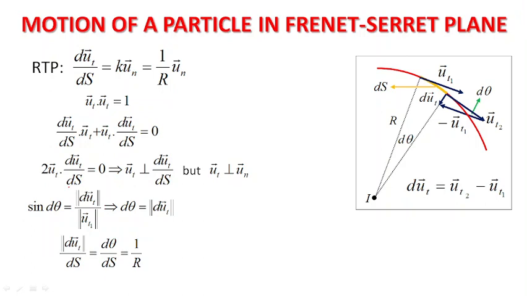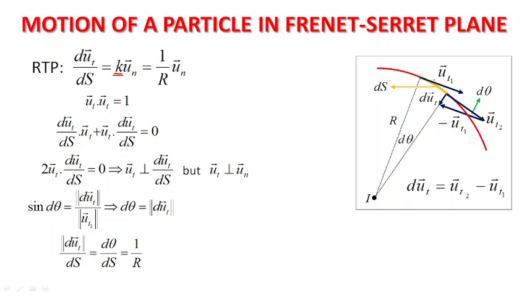Therefore, ut and dut by ds are perpendicular. We know that ut and un, the tangential and normal unit vectors, are perpendicular. Ut is perpendicular to dut by ds, and ut is perpendicular to un. Therefore, dut by ds and un are collinear. Step 2. Our objective is to verify that this constant k is equal to 1 over r.